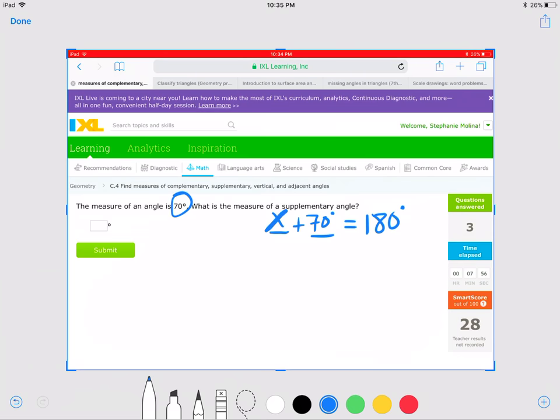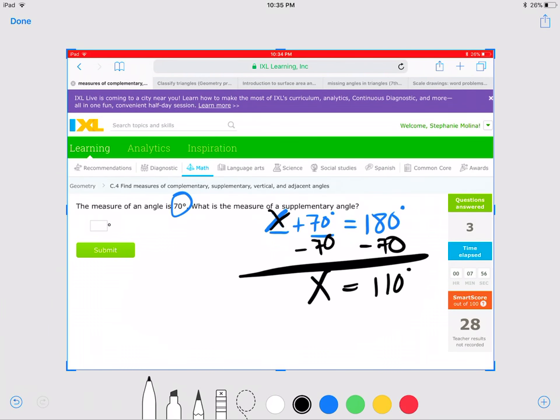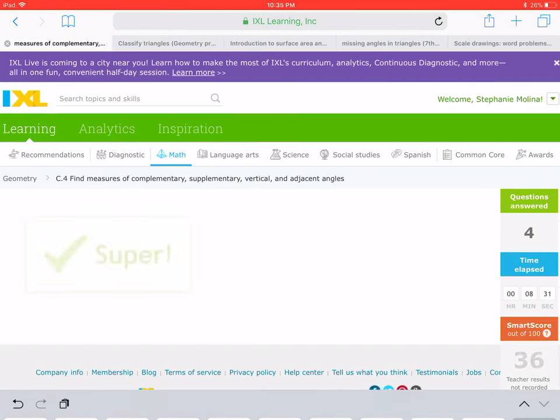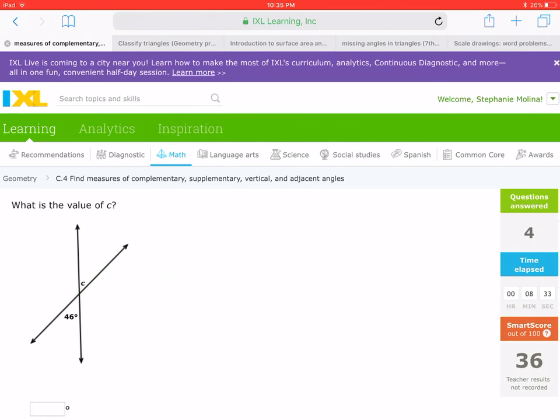They didn't even give us x, we just set it up like an equation. I want to isolate my variable, so I subtract 70 from both sides. 180 minus 70 is 110. And then x is equal to 110. Let's see if that works. Yes, it does.